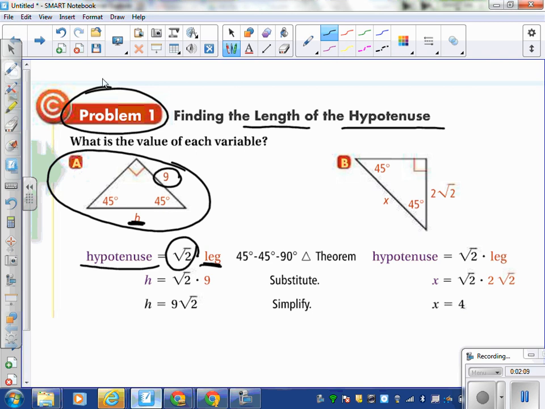So our hypotenuse, which is h, is the square root of 2 times the leg, which we know is 9. So our hypotenuse for this triangle would be 9 square root 2. Because we have a 45, 45, 90 triangle, we know the hypotenuse is the square root of 2 times the leg. We put those two together and find out what the hypotenuse is.